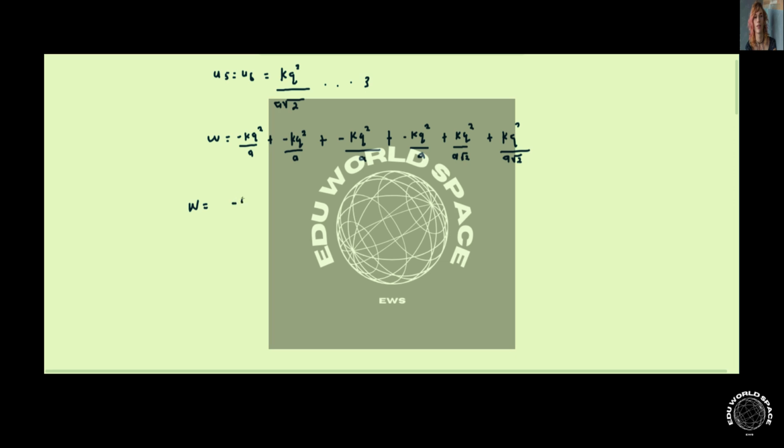So doing that, you have negative 4 K Q squared over A. U5 and U6 have the same denominator, so you could add those: plus 2 K Q squared over A square root of 2.